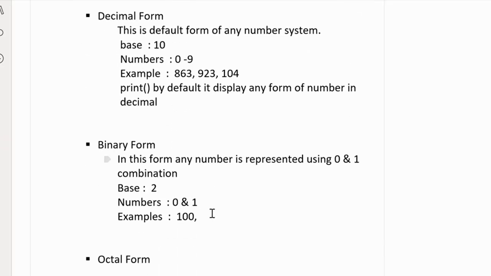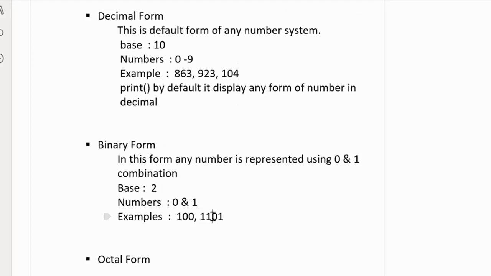In the same way, if I give something like 1101, our interpreter also understands this as a decimal number only, like 100. It is not identified as a binary number.